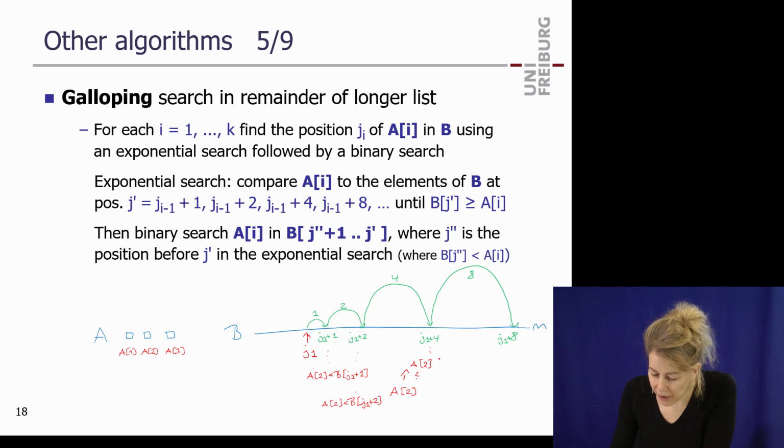Am I doing it the right way around? What do I want to find? Do I want to find the first element where B is... is it wrong here or is it wrong here?